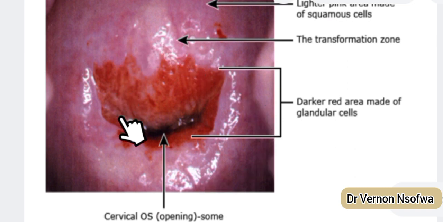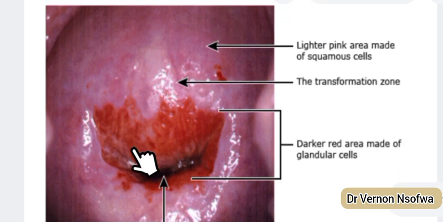The transformation zone is where you're going to find both columnar as well as squamous epithelial cells. In the endocervix there is simple columnar epithelium, and in the ectocervix we said there are squamous cells. But at the junction between the endocervix and the ectocervix, there is a combination of squamous cells as well as columnar cells.